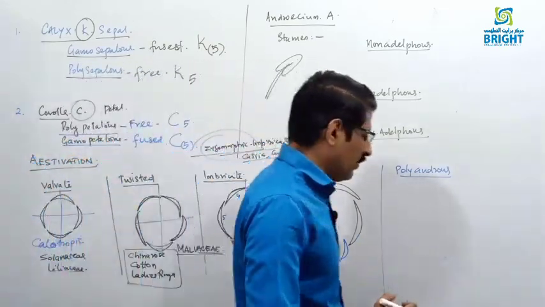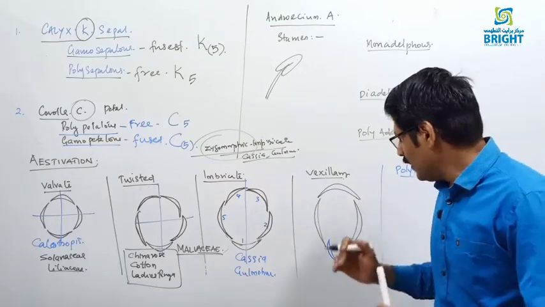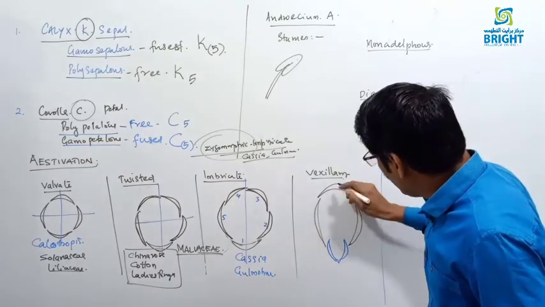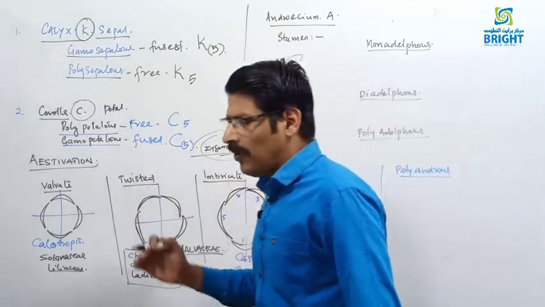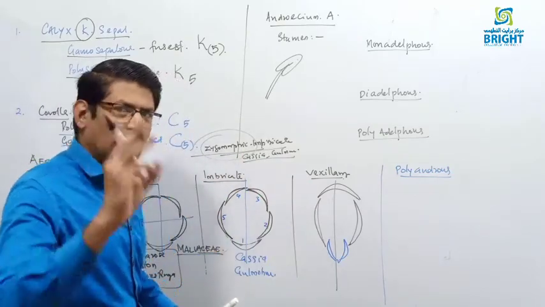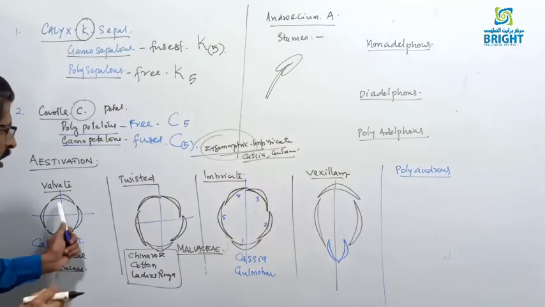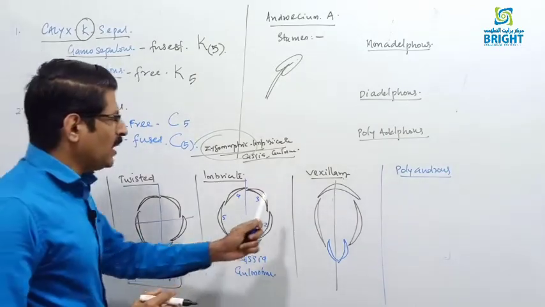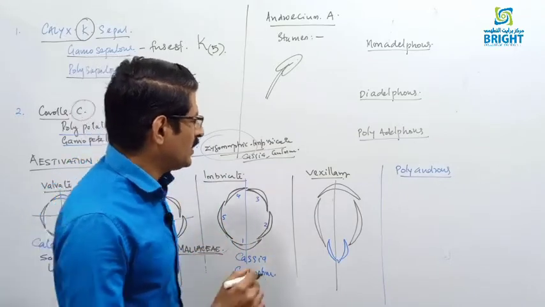And the fourth type is vexillary, or vexillum. It is also a zygomorphic flower, the flower can be divided into two equal halves only through one particular vertical radial plane. And here three types of specific petals are present. Here all the petals are not similar in nature, they are different and have specified characters.